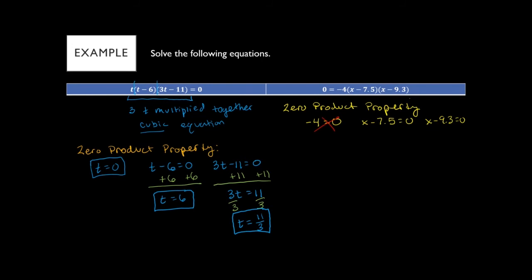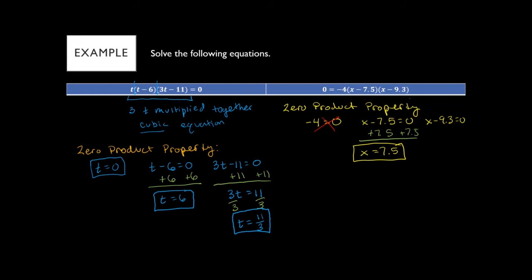So we're just going to solve x minus 7.5 equals 0 and x minus 9.3 equals 0. And if you notice any patterns, and I strongly recommend that you try to notice patterns, your answer is basically the opposite of the sign that you see. 7.5. So it's x minus 7.5, so our answer is a positive 7.5.